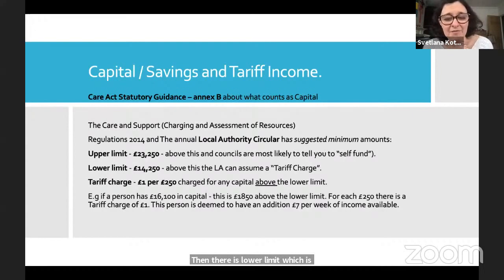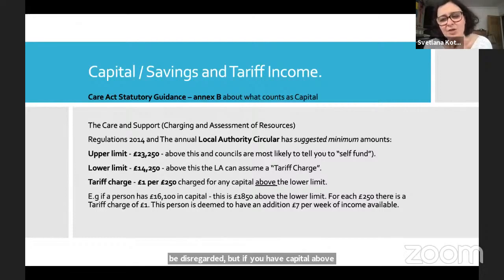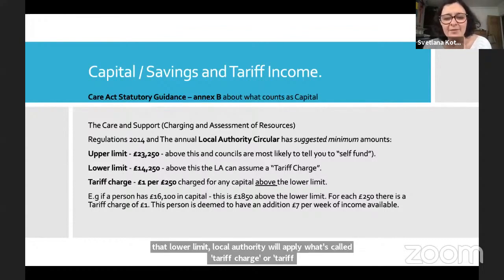But if you have capital above that lower limit, the local authority will apply what's called a tariff charge or tariff income on the sum that is above the lower limit. The way they do it is they assume you have £1 of income for every £250.